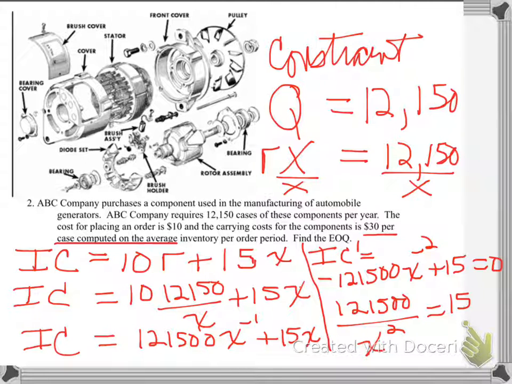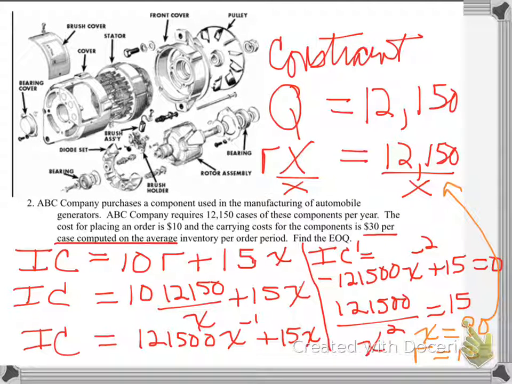So divide 121,500 by 15 and take the square root of it, and I end up getting x equals 90. If I take my 90 and plug it back up here into my constraint, I will get r equals 135.